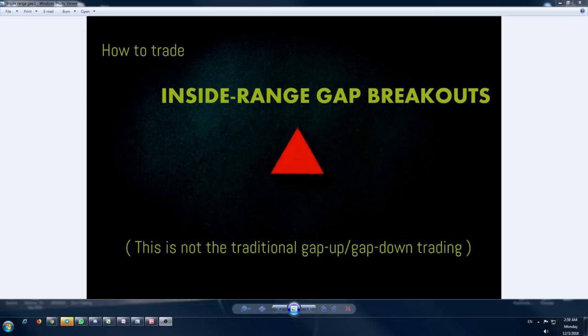Coming back to this example, once you mark the previous day's high, we need to wait for it to be breached. Your entry should be above the previous day's high. Let's say you're trading a script whose current market price is 510 rupees on Friday, and Thursday's high was 513 rupees.